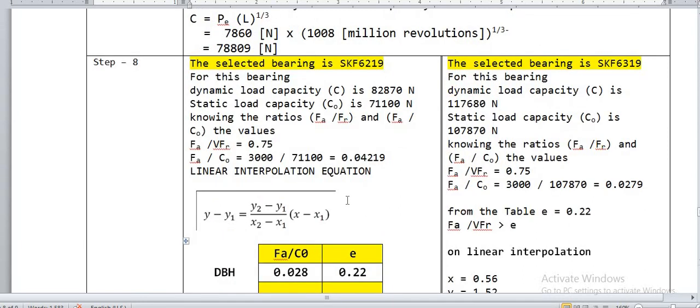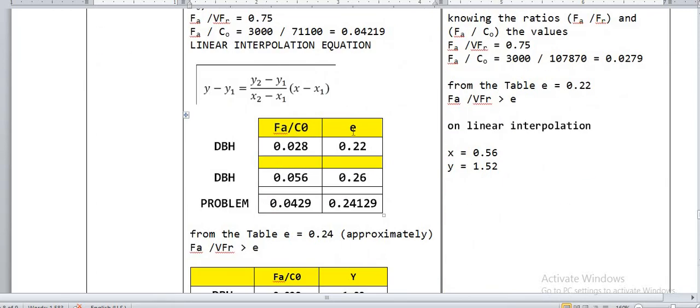For that purpose, when you calculate for the existing selected bearing, FA by FR is equal to 0.75 and FA by C naught will be equal to 0.04219. Once you calculate the FA by C naught value, the value of E is 0.24129, approximated as 0.24.